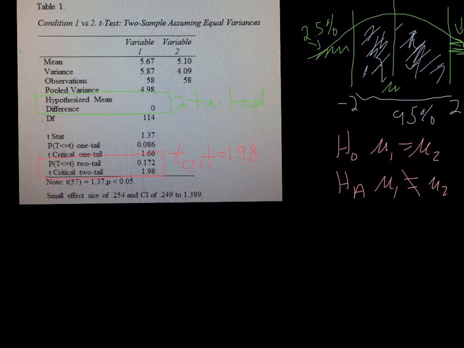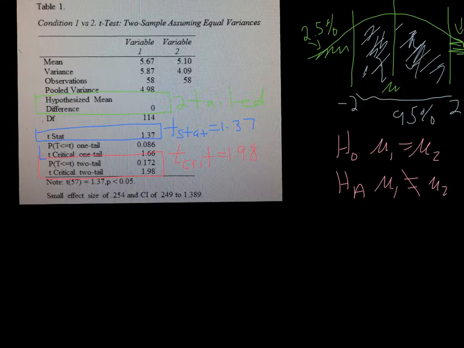So the really important thing now is to get something to compare that to, and I'm going to look for the t-stat. Here's your t-stat, and so that's the value that you would get if you did all the calculations to find the t-value from this data.